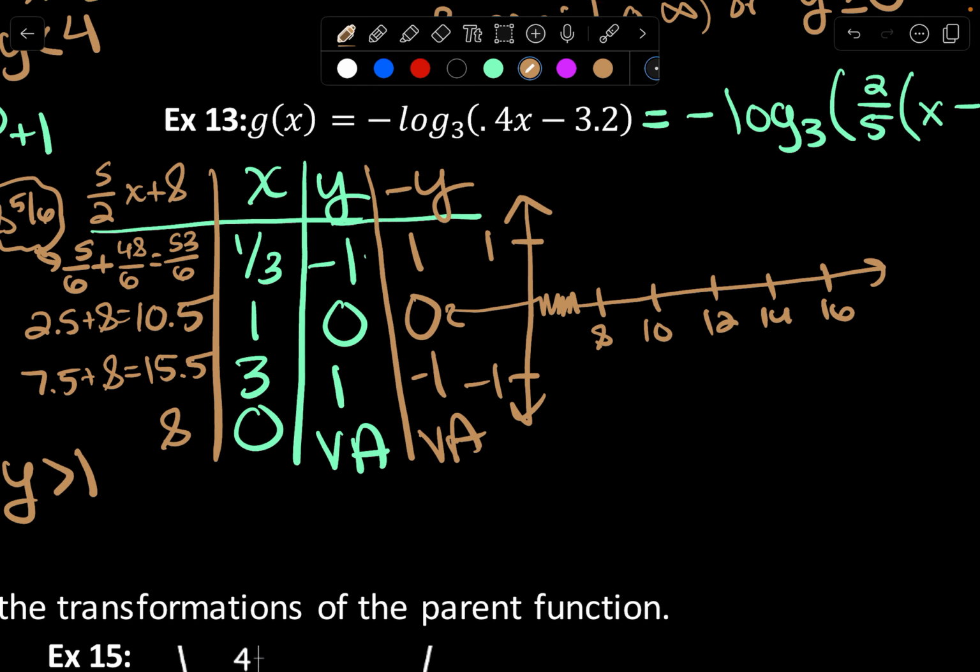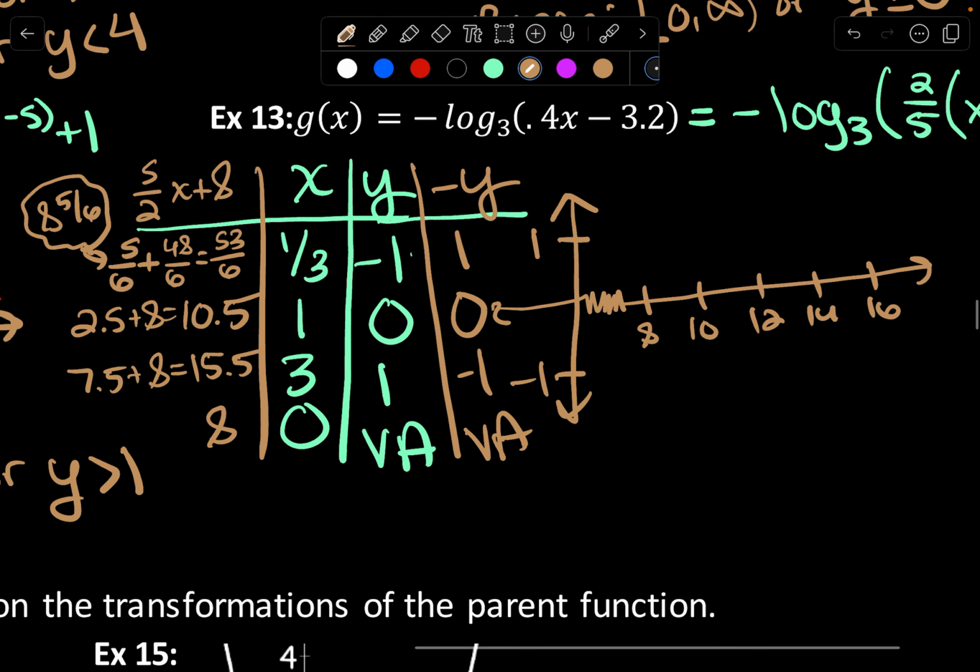All right, so at 8 and 5/6, we're going to have +1, so almost to 9. At 10.5 will be 0. And then at 15.5 will be at -1. And then we have that vertical asymptote at 8.